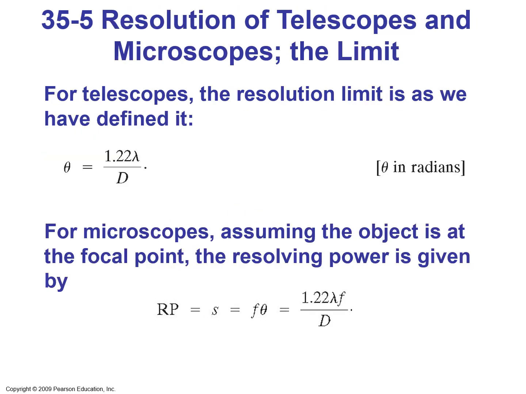For telescopes, the resolution limit is as we have defined it. Theta is equal to 1.22 times lambda over d, and theta is in radians.